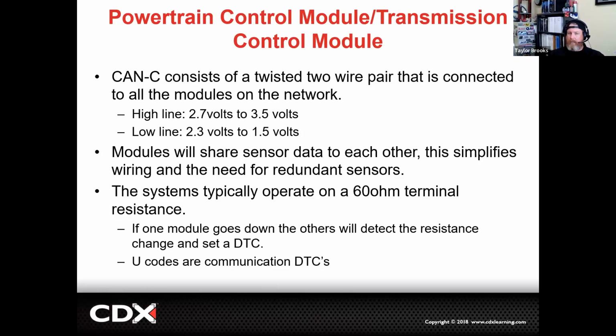The key thing that we want to make sure of is that we are not damaging these pins or these connectors when we are probing them. So no T-pins, and using the proper back pinning tools and or inline tools.